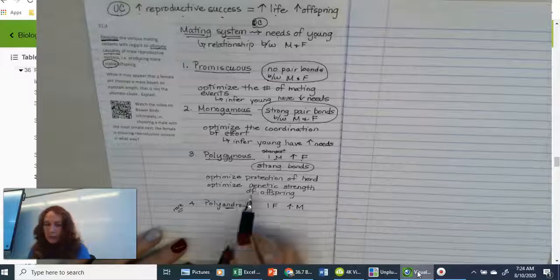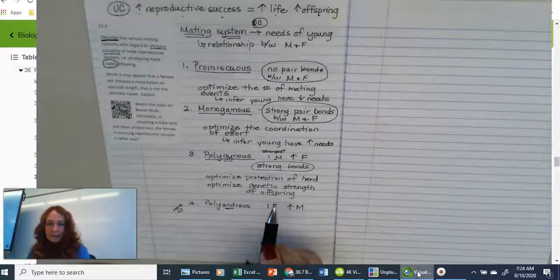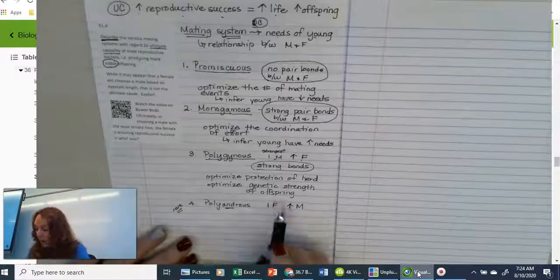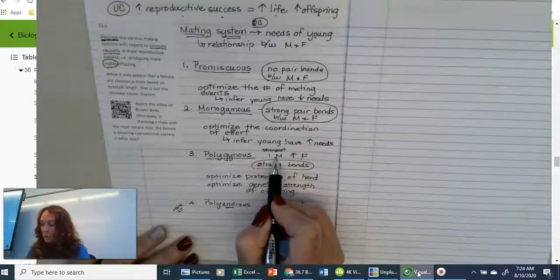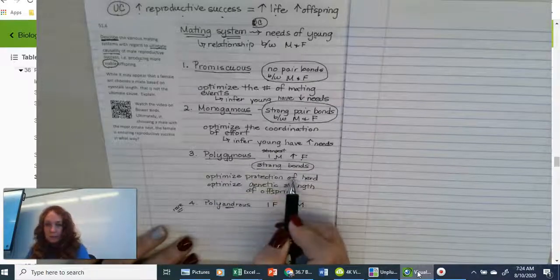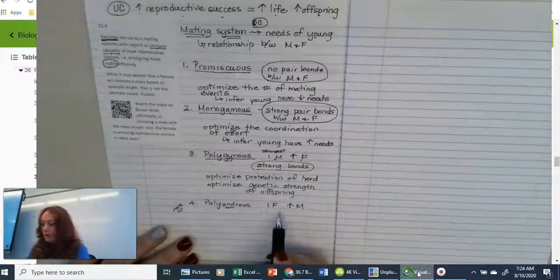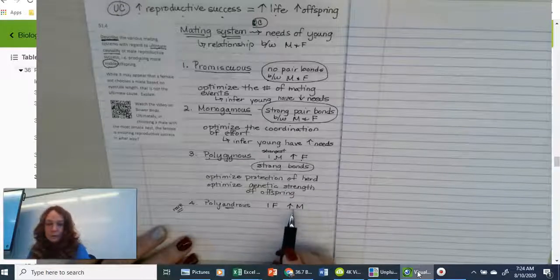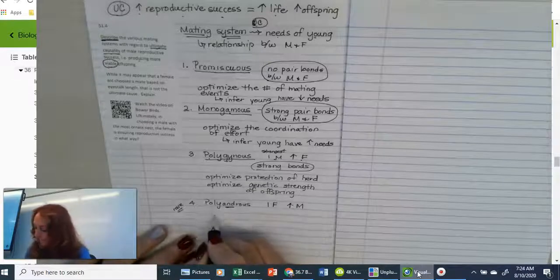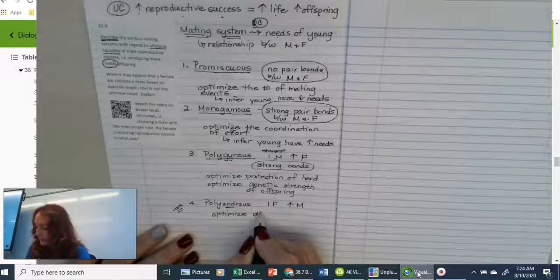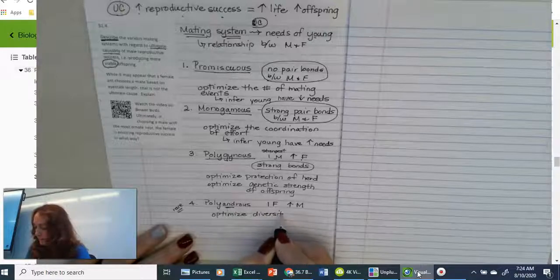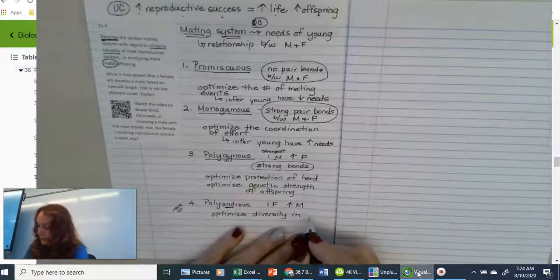And then many males will come along and fertilize those eggs. So it's the opposite of this situation. You're not trying to have the one male's genes pushed into the herd. You're having as many possible sires as you can, and at that point you optimize diversity in the gene pool.